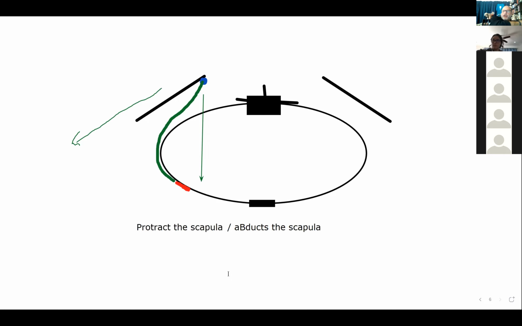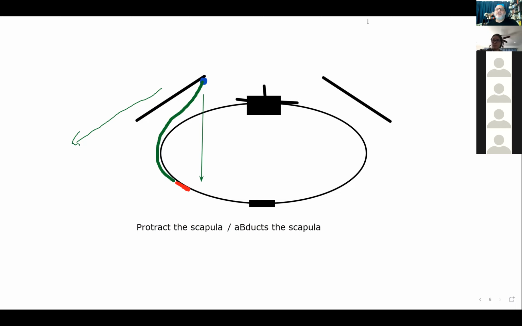And so that is bringing it forward, right? And again, if you think about, right, you have that friend you haven't seen in a million years and you go to give them that big hug, or if you're hugging yourself to help get rid of your stress cycles, right? That coming and bringing the arm forward, you're bringing the scapula forward, but it's also coming around the edges as well.